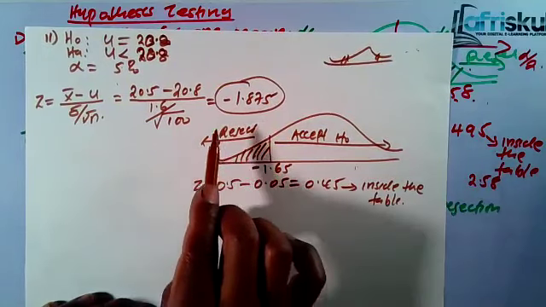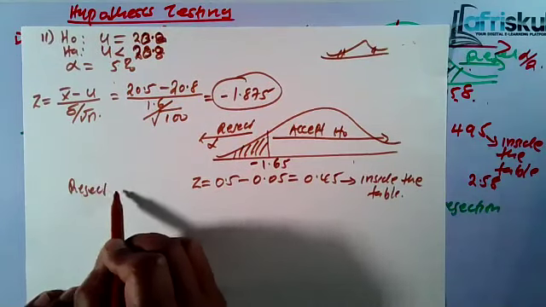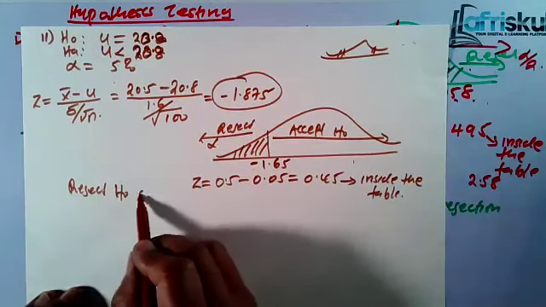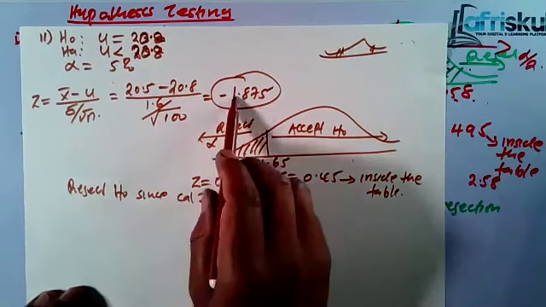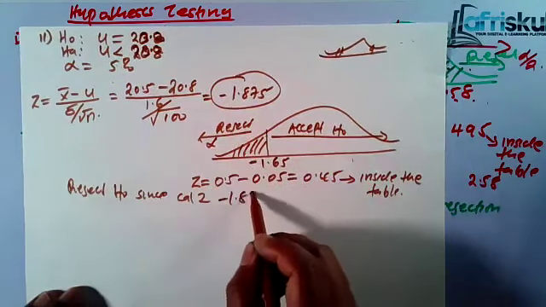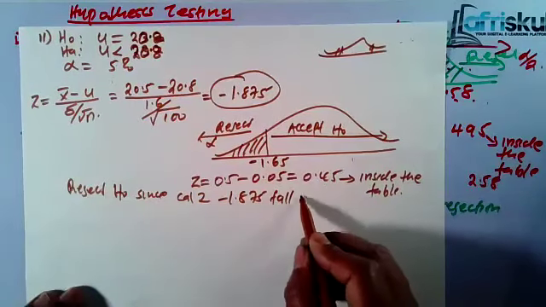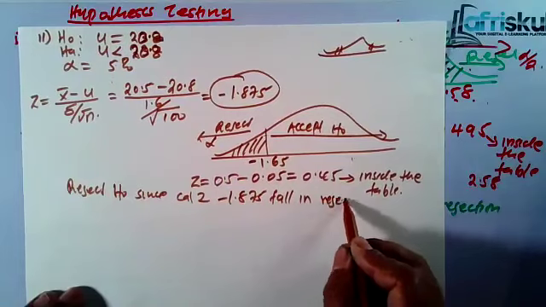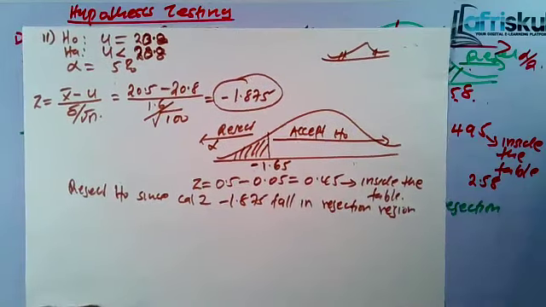So that means you should reject the null hypothesis. Reject null hypothesis since calculated Z ni negative 1.875 falls in rejection region.